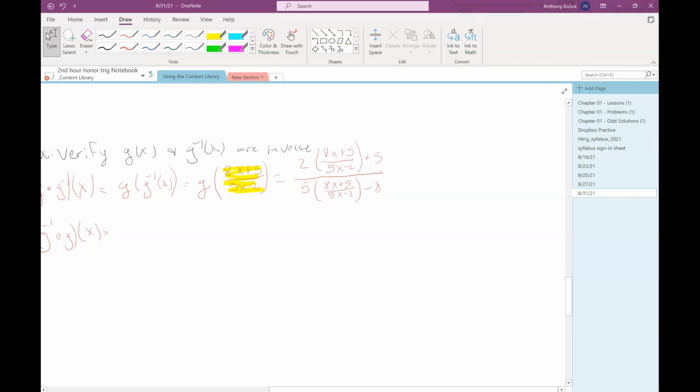When you say cancel this out, what do you... Would it be possible to cancel out 5? So you are talking about this 5 with this 5? Definitely not. Okay?